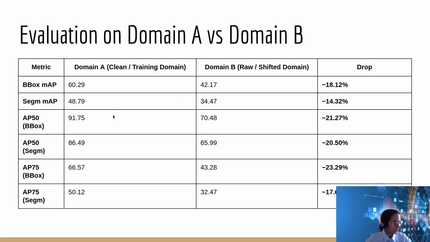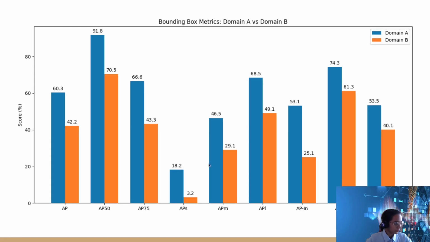The mask became less precise, the confidence scores reduced. We can see even for object size based metrics and across all the defects, there's a clear drop in precision. This clearly highlights that domain shifting is needed.